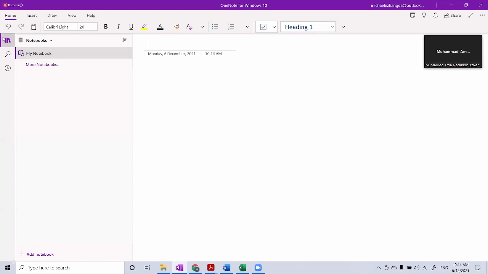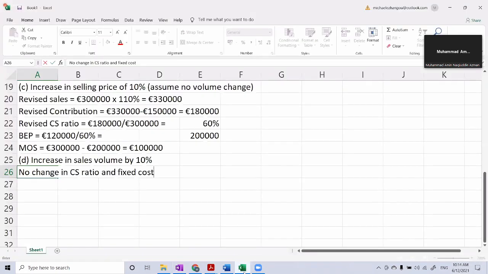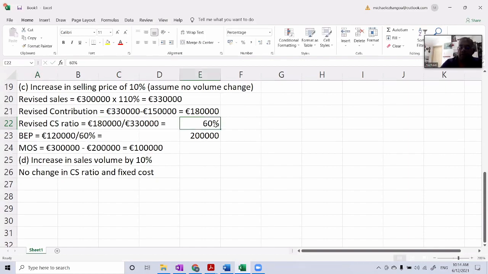For the C revised CS ratio, it should divide by 330, isn't it? Oh yeah, you're right. This is 330,000. So that must be 180 over 330, 55%.